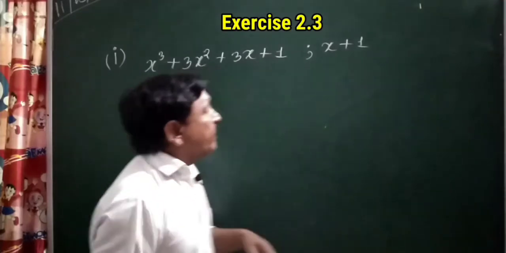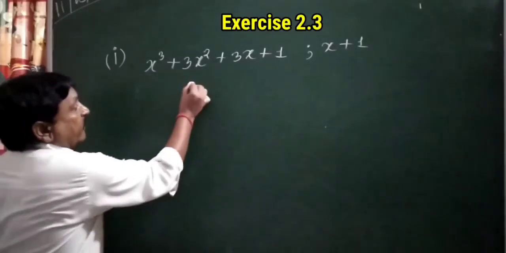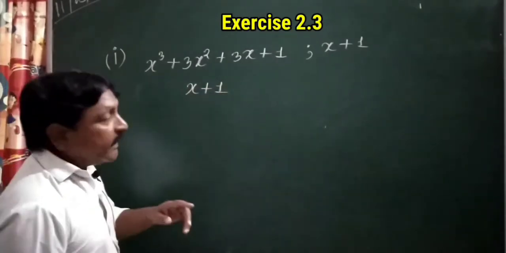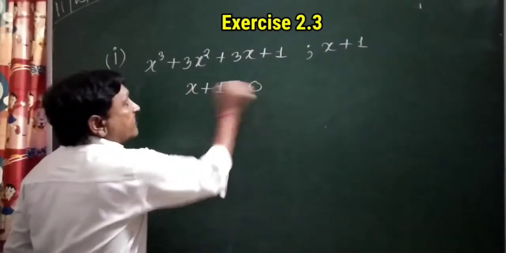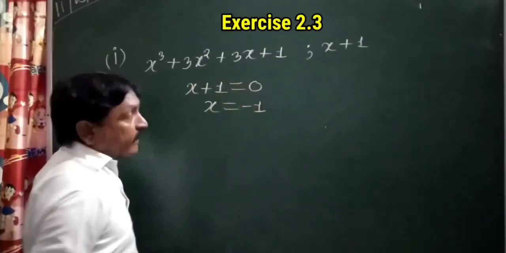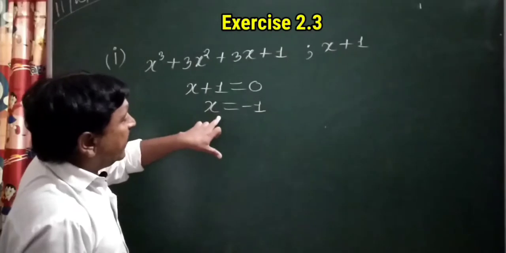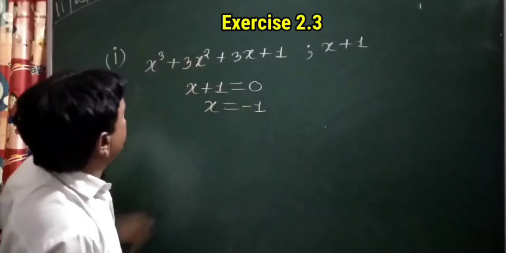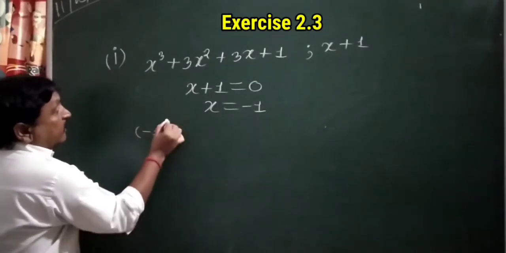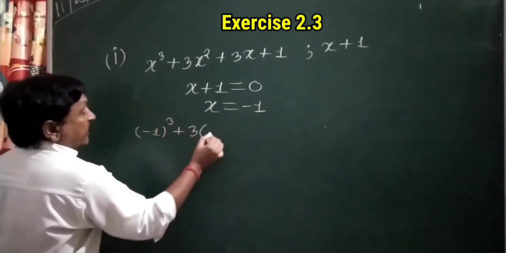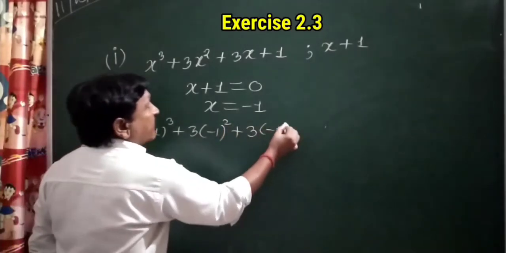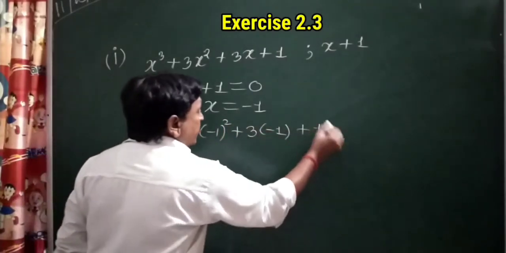How? Just see it. First of all, find out the value of x from the linear polynomial, and we know the method. We have to make it equal to 0. So x equals minus 1. Now substitute x equals minus 1 in this polynomial. In place of x: minus 1 cube plus 3 into minus 1 square plus 3 into minus 1 plus 1.